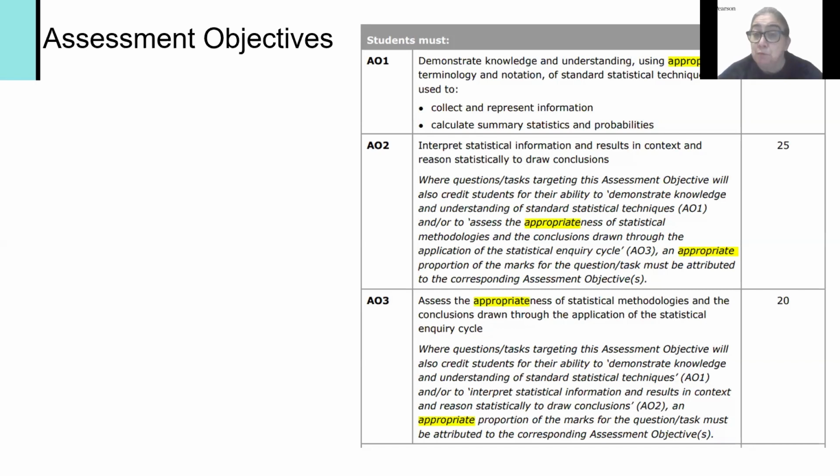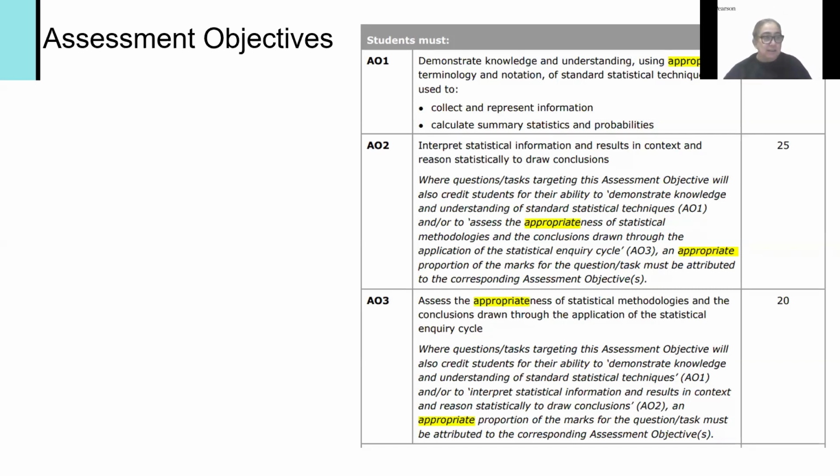AO2 is where we're assessing the appropriateness of certain methodologies and conclusions. And then AO3 is assessing it with the application of the SIC, the Statistical Inquiry Cycle. So that's where it sits within the spec.